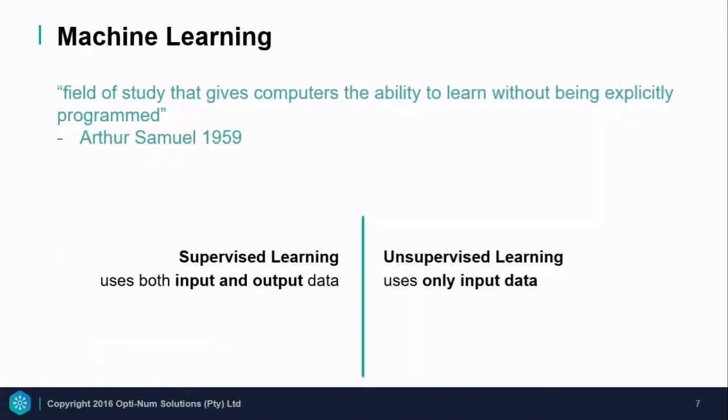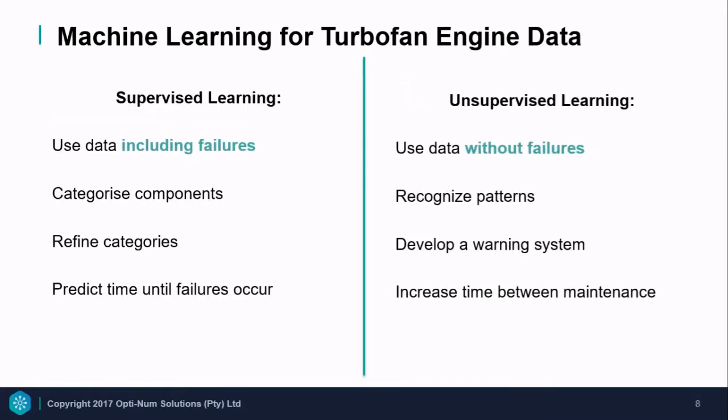What is machine learning? In 1959, Arthur Samuel defined machine learning as the field of study that gives computers the ability to learn without being explicitly programmed. There are two main types of machine learning, namely supervised learning and unsupervised learning. The main difference between the two is that supervised learning requires both input and output data, whereas unsupervised learning requires only input data.